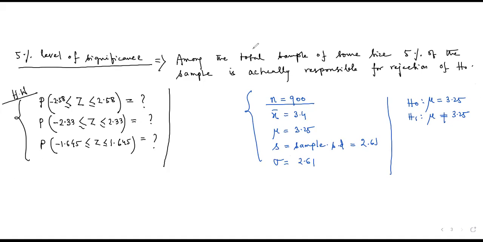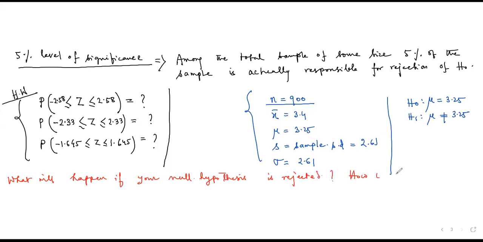The question is, what will happen if your null hypothesis is rejected somehow? How can you conclude about the population mean then?